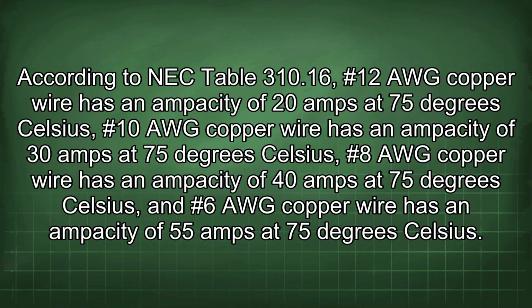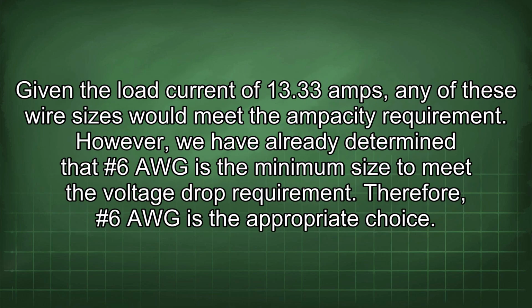According to NEC Table 310.16, #12 AWG copper wire has an ampacity of 20 amps at 75 degrees Celsius. #10 AWG copper wire has an ampacity of 30 amps at 75 degrees Celsius. #8 AWG copper wire has an ampacity of 40 amps at 75 degrees Celsius. And #6 AWG copper wire has an ampacity of 55 amps at 75 degrees Celsius. Given the load current of 13.33 amps, any of these wire sizes would meet the ampacity requirement.